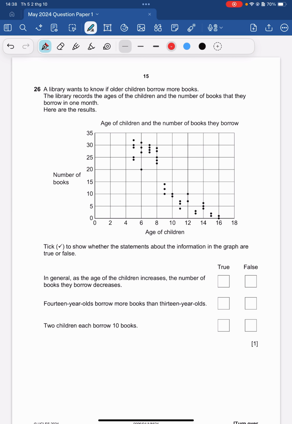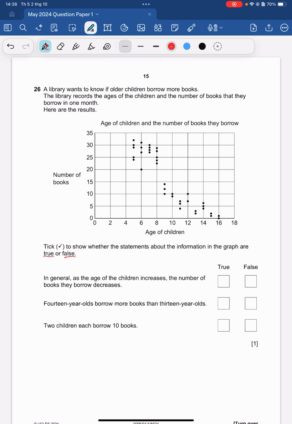26. A library wants to know if all older children borrow more books. The library records the age of the children and the number of books that they borrow in 1 month. Here are the results. Let's show whether the statements about it are true or false.